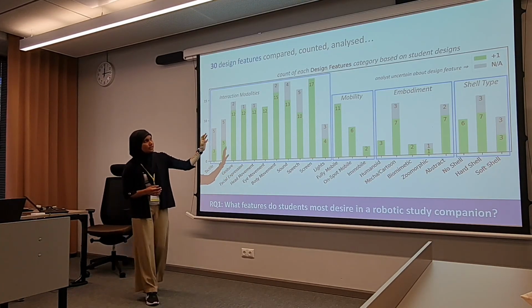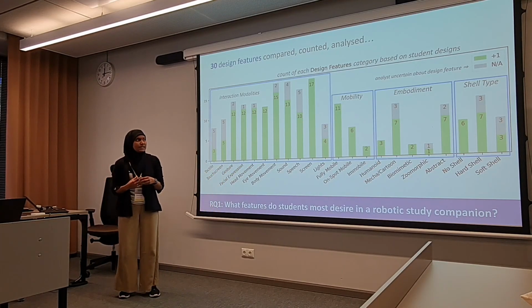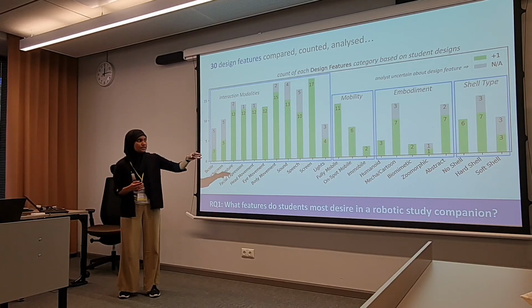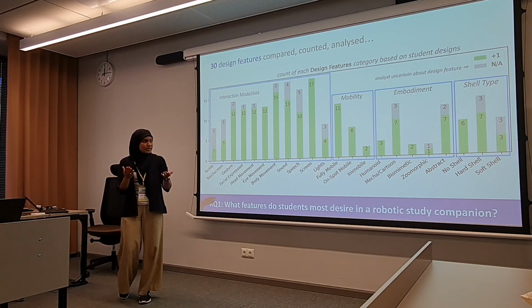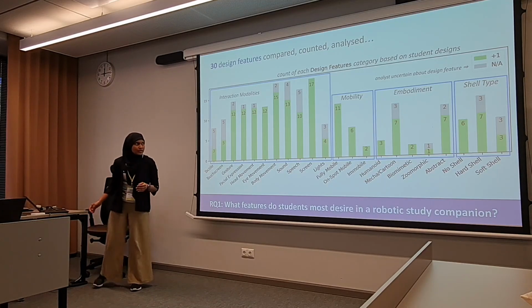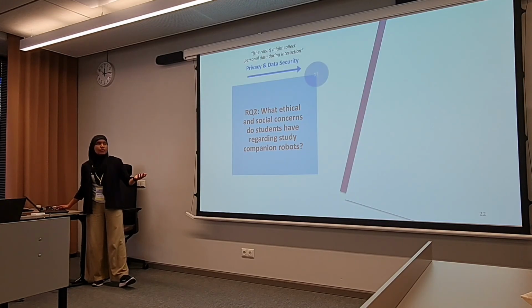Do note that the green here is one that we're absolutely certain the student wrote, or the picture that they gave us, and the NA value is where we were uncertain how to group it. And then for embodiment, there's a balance between some people choosing abstract, cartoon-like, and what's not. And for mobility, most of the University of Ghana students want their robot to be mobile.